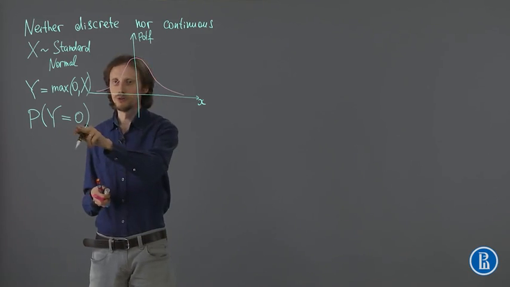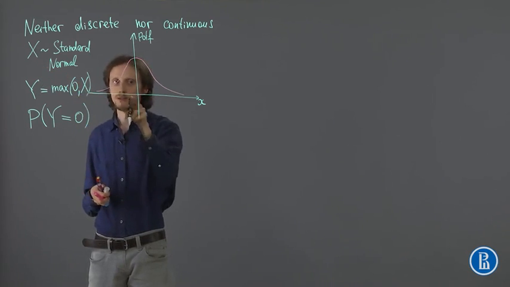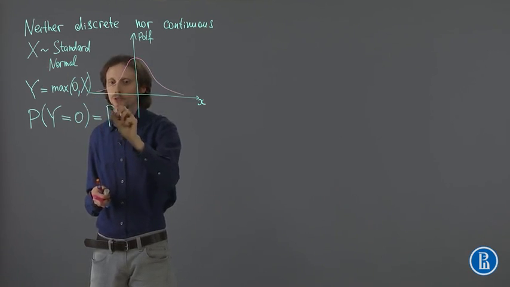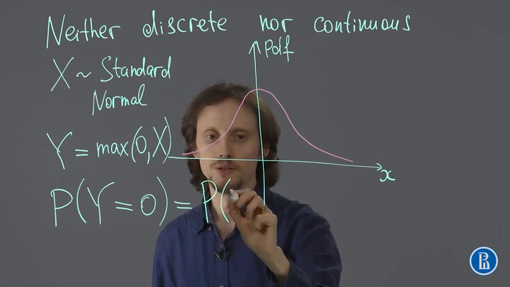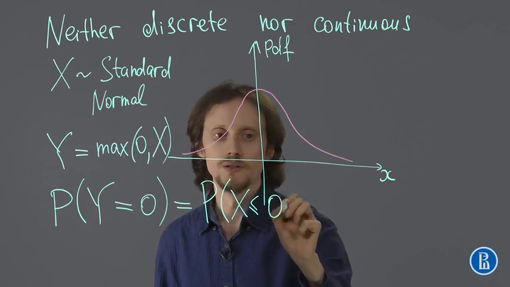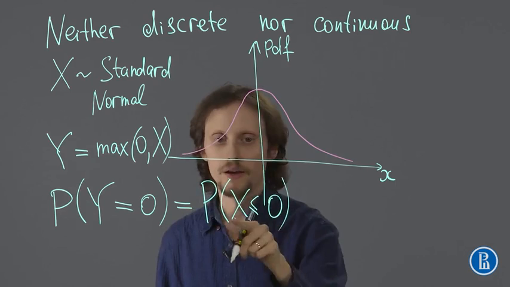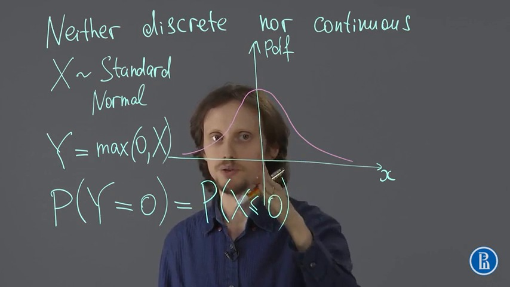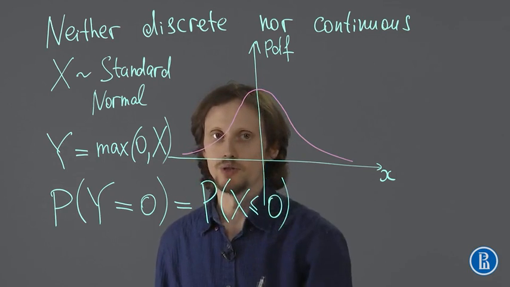Y equals 0 if x is less than or equal to 0. So this probability is equal to the probability that x is less than or equal to 0. And this probability equals 1/2 due to symmetry of the picture.